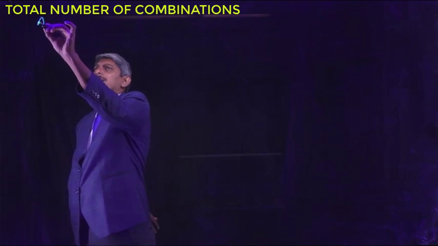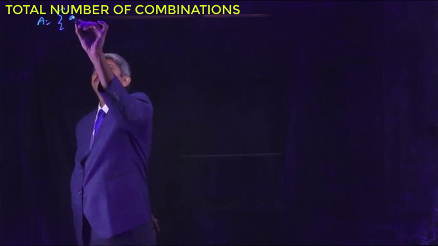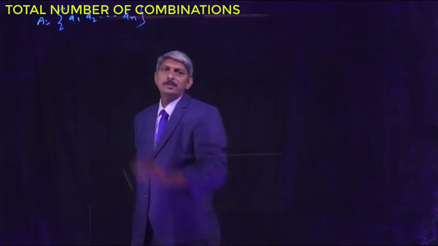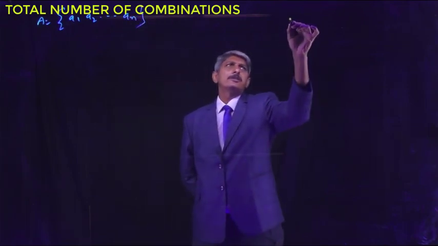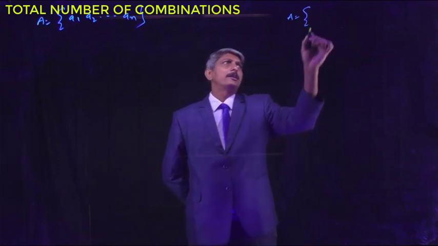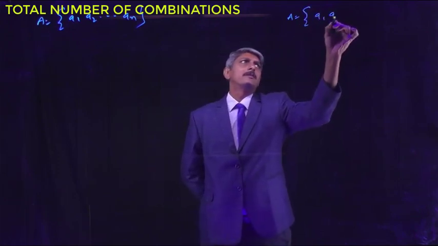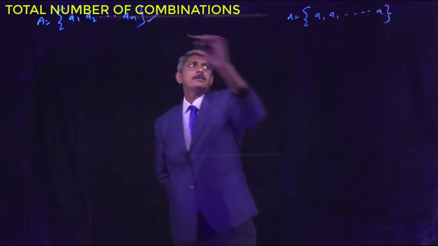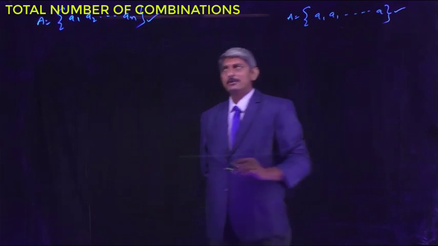Suppose set A containing n elements, A1, A2 and so on, An. These are the n distinct objects. So there is one more set containing like elements. So here n distinct elements, n like elements.